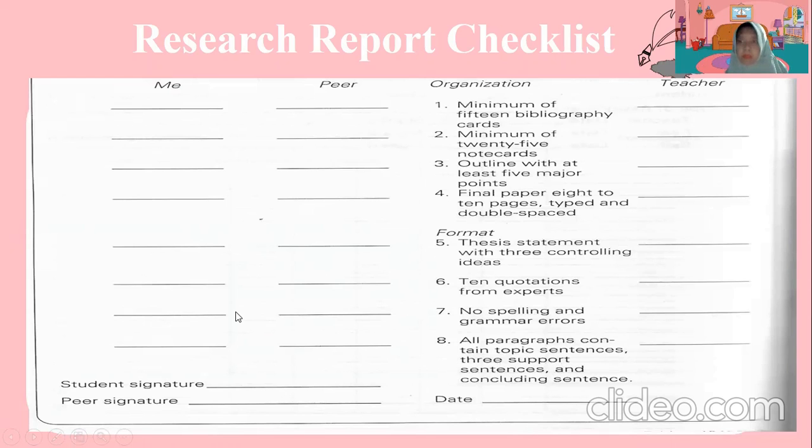Also, don't forget to remind your student to put the signature and the name at the bottom here, student signature and peer signature, and also the date based on the research report checklist.